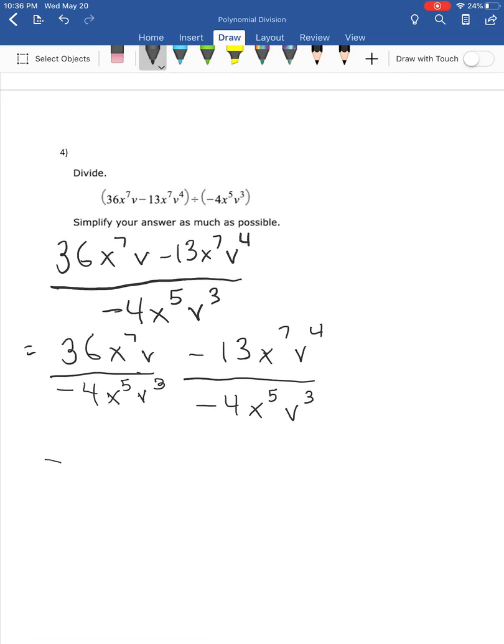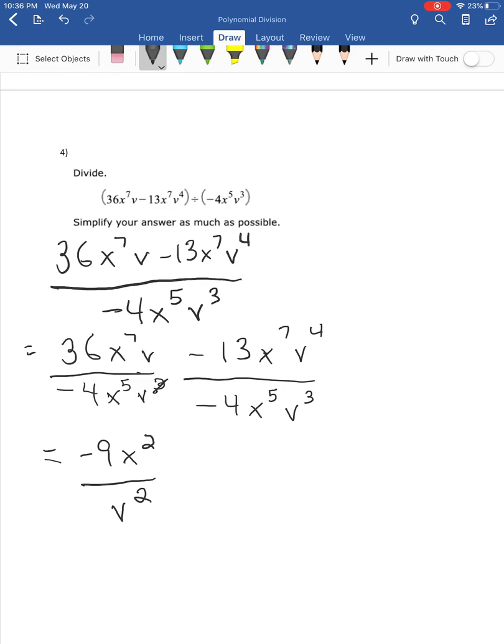Okay, 36 over negative 4 is negative 9, x to the 7th over x to the 5th is x squared. Okay, v over v cubed is v squared, but the higher power is on the bottom, so the v squared has to go on the bottom of the fraction.